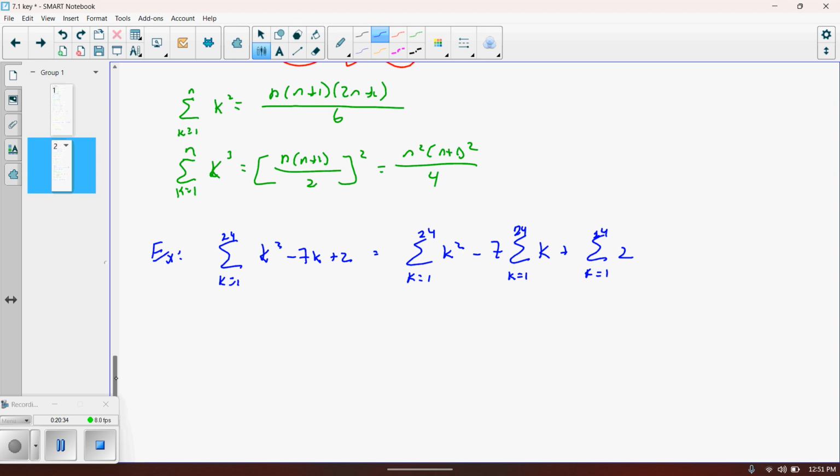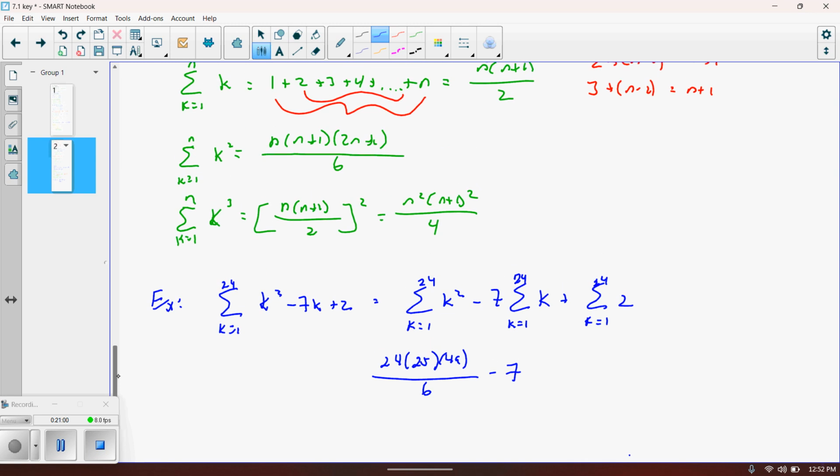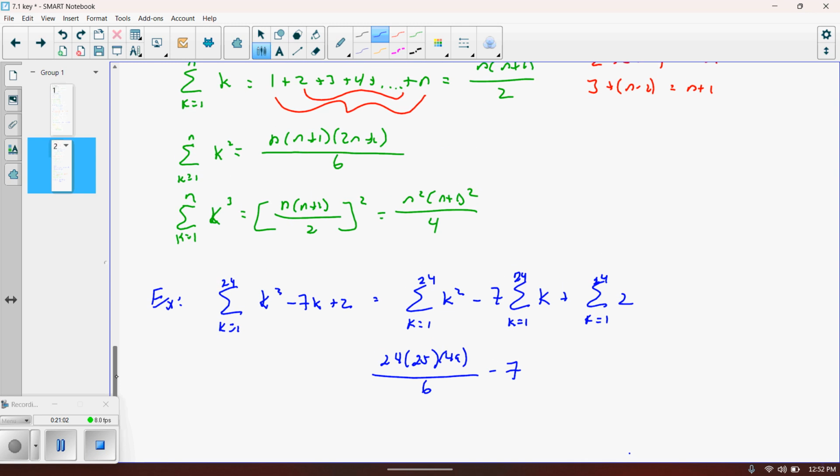So the first one is going to be, knowing that n here is 24, 24 times 24 plus 1, which is 25, times 2 times 24, which is 48, plus 1 is 49, all divided by 6. And that's the sum of that first part, minus 7 times, and then the k is going to be the n plus 1 over 2.